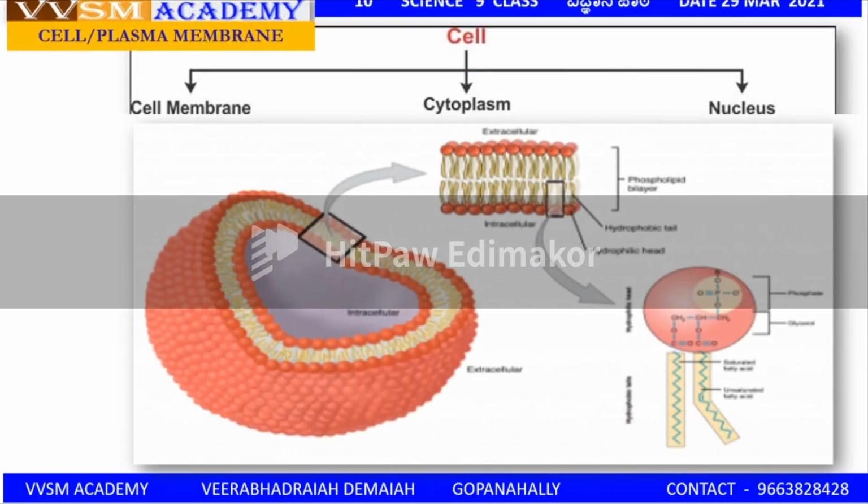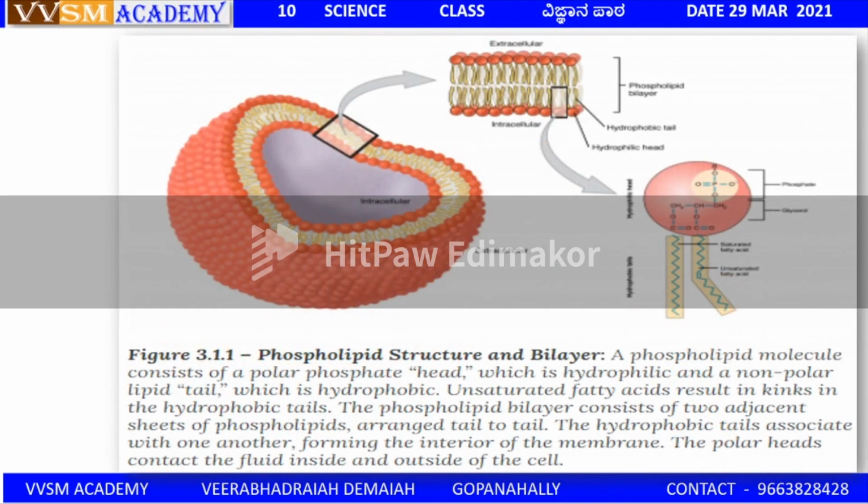Well, this is a cell membrane. If you observe this cross section of the cell, the outermost part of the cell is the cell membrane. It is a double layer, which is a phospholipid structure and bilayer.